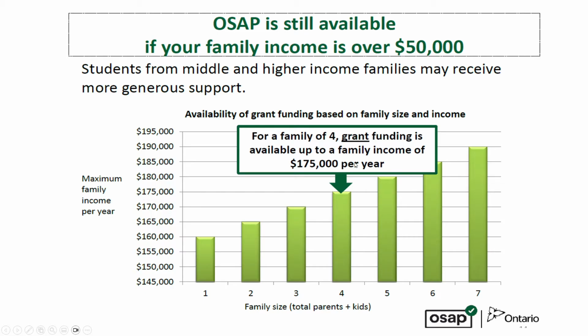It means that the student attending after high school will not have any grant funding at all. But if he or she applies for the OSAP, that person receives the loan only, but not the grant.